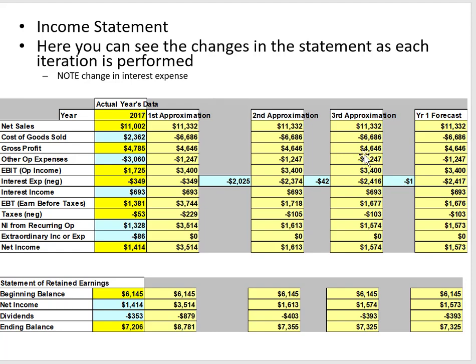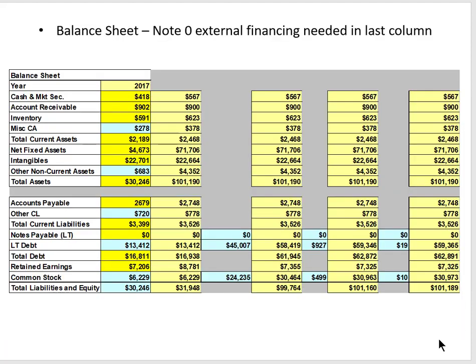So in the end, to go from the third to the next, we only need one more dollar to figure out where that money is going to come from. So in this case, you can see at the end, we have $1,573 is the net income, $73.25. The ending balance here stayed the same. All we did was jiggle around the dividends. The dividends are going to change because common stock changed.